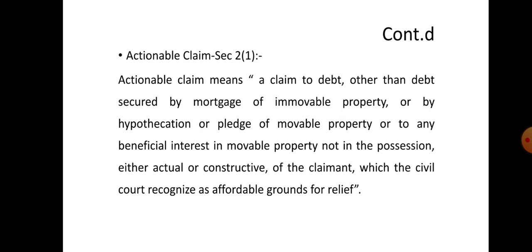A claim to the debt other than the debt secured by mortgage of immovable property. Immovable property means the property which cannot be moved from one place to another, and movable property means which you can carry or move from one place to another place.